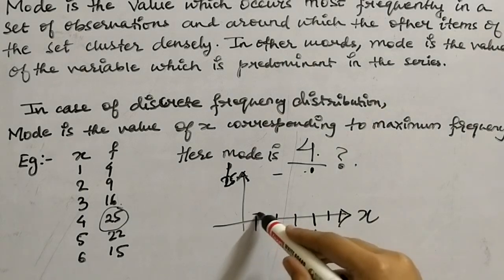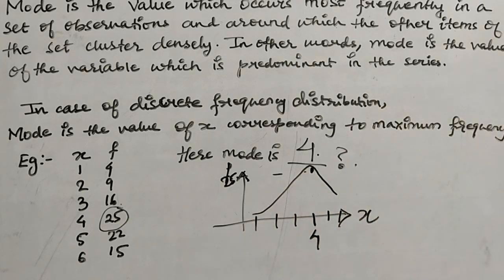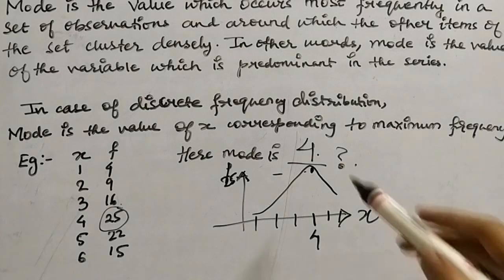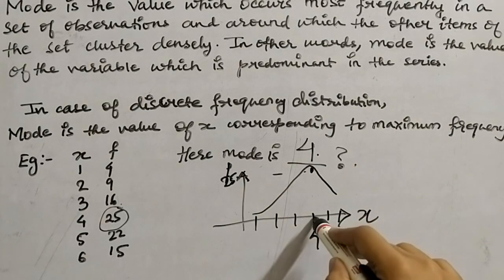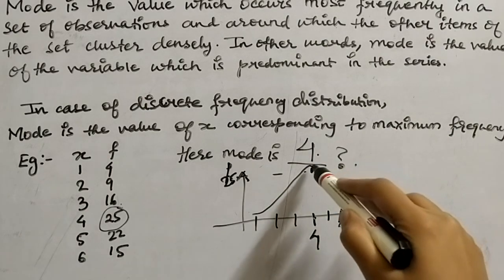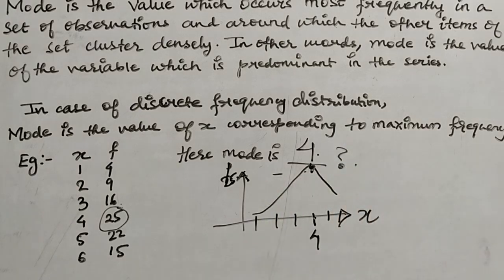So when you make a diagram, it goes like this, correct? So the 4 has the highest frequency, which shows that it is the strongest element among these observations, correct?